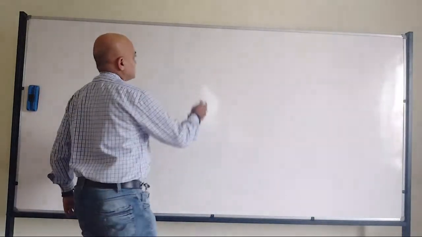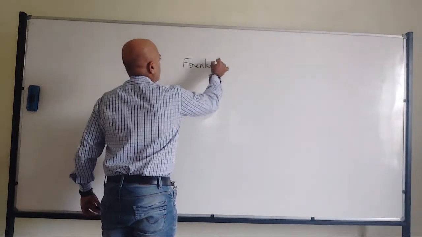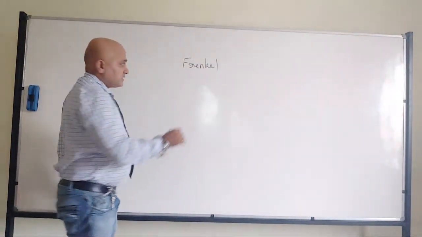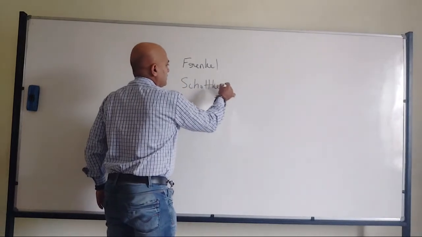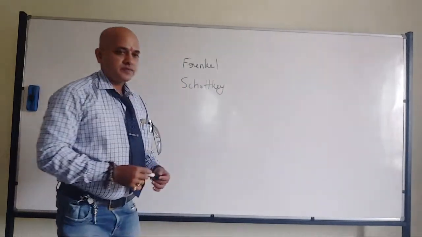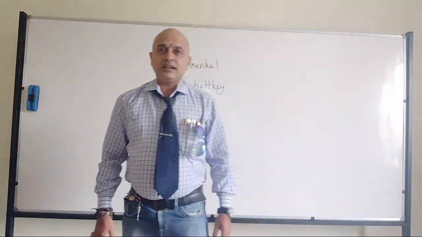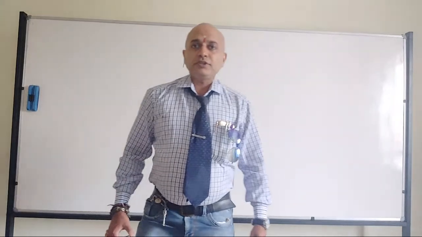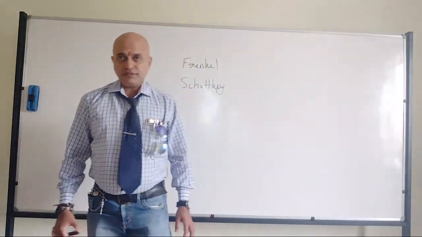So we have discussed about Frenkel defect, then Schottky defect, right? That's what we discussed in the last class with respect to ionic solids, which will show these two types of defects.